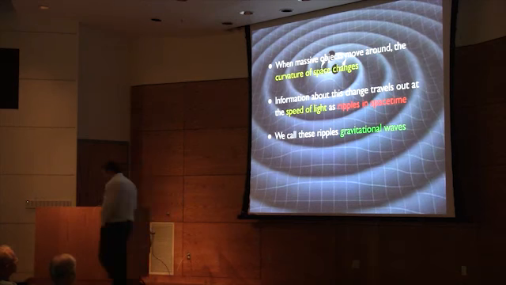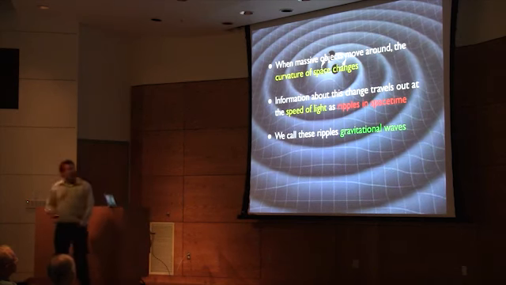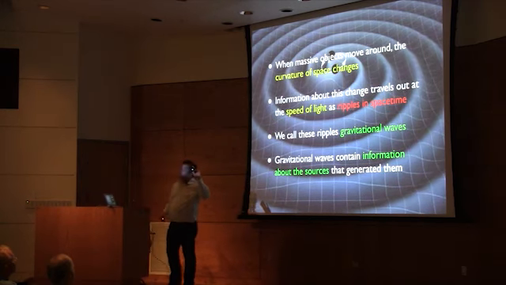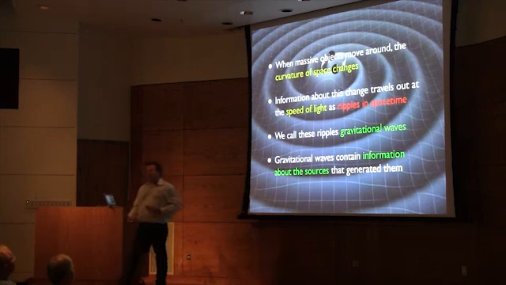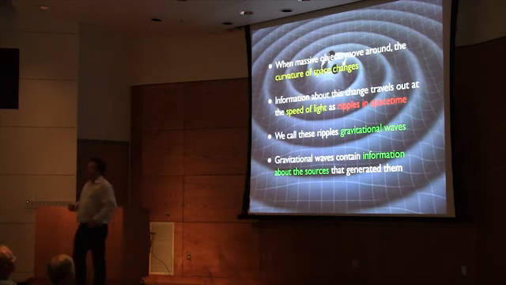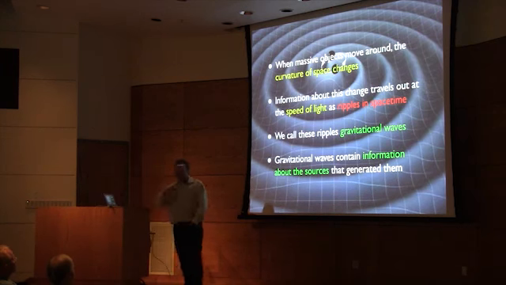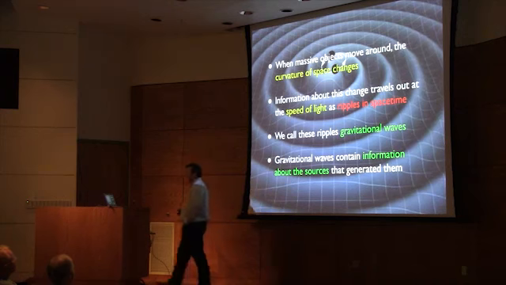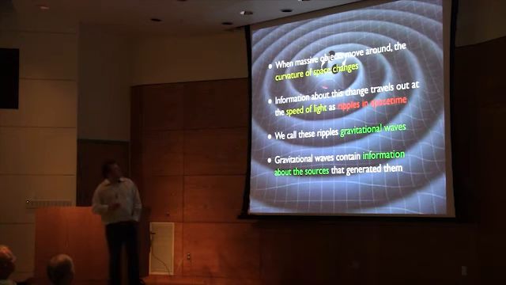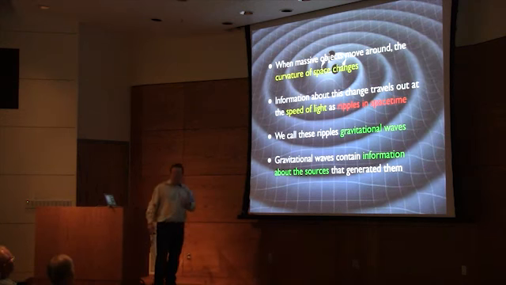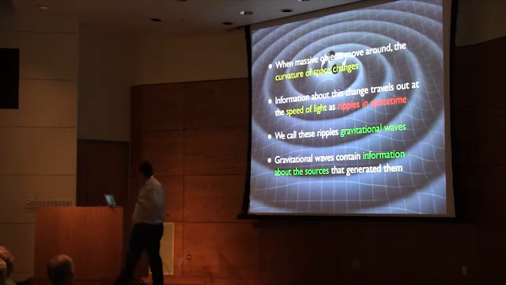And the thing that's really interesting for astronomy is not just that these things exist, but that these gravitational waves, just like the electromagnetic waves generated by my cell phone, carry information about the sources that generated them. The electromagnetic waves that my cell phone transmits encode the speech pattern of my voice. The gravitational waves that are generated by two black holes colliding into each other encode the information about that violent collision of two of the most astrophysically dense, extremely interesting objects we can see out there in the universe.